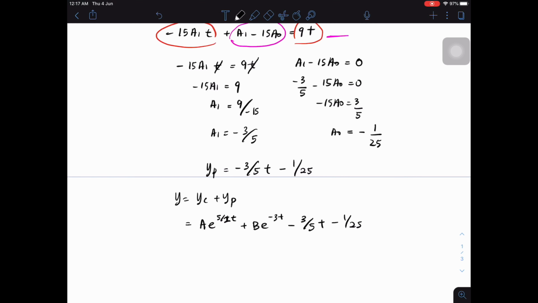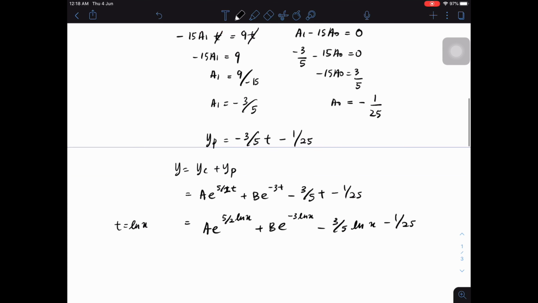Don't forget that we need to substitute t equal to ln x. Therefore, what we have here is a e^(5/2 ln x) plus b e^(-3 ln x) minus 3 over 5 ln x minus 1 over 25.